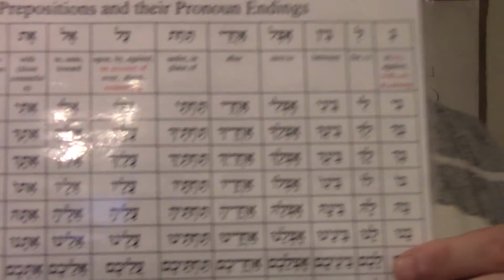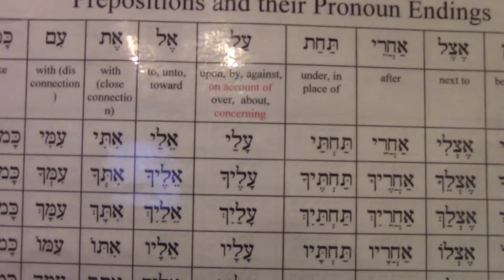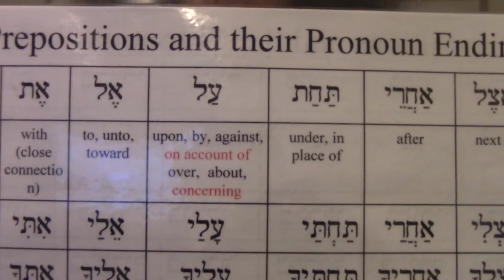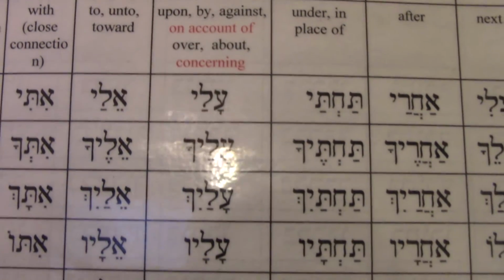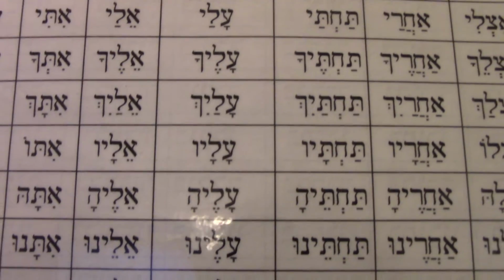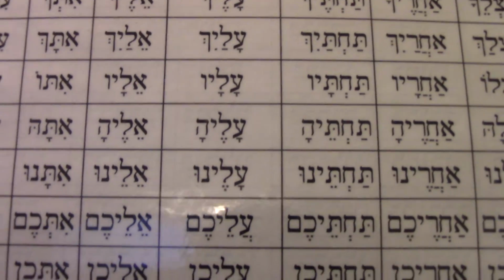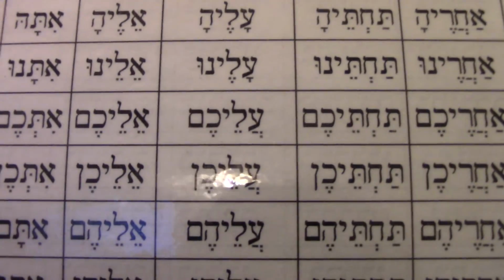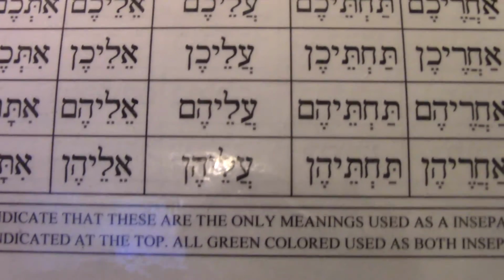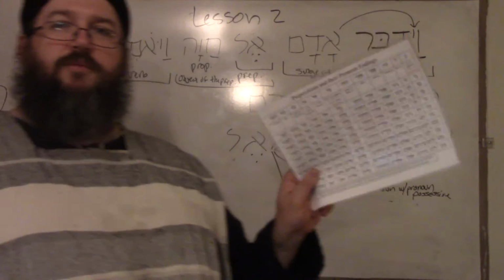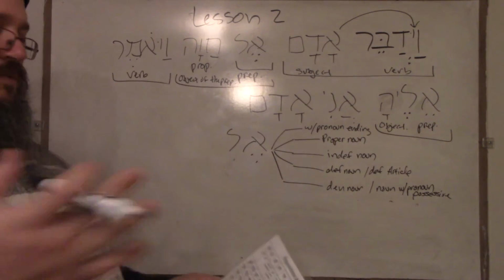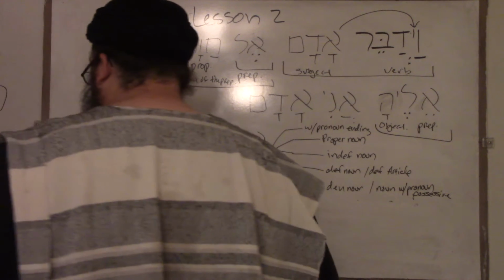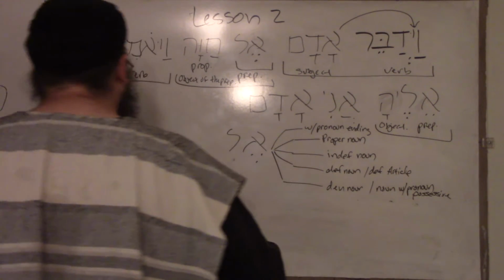You go on the website, you can pull it up, and here you can see on the chart we have the word L, and we have all of the things from my, you, his, her, ours, yours for feminine, theirs, and theirs at the end. And this chart is great for memorizing. You can use this chart to go look up the preposition with all the prepositional pronoun endings to it.